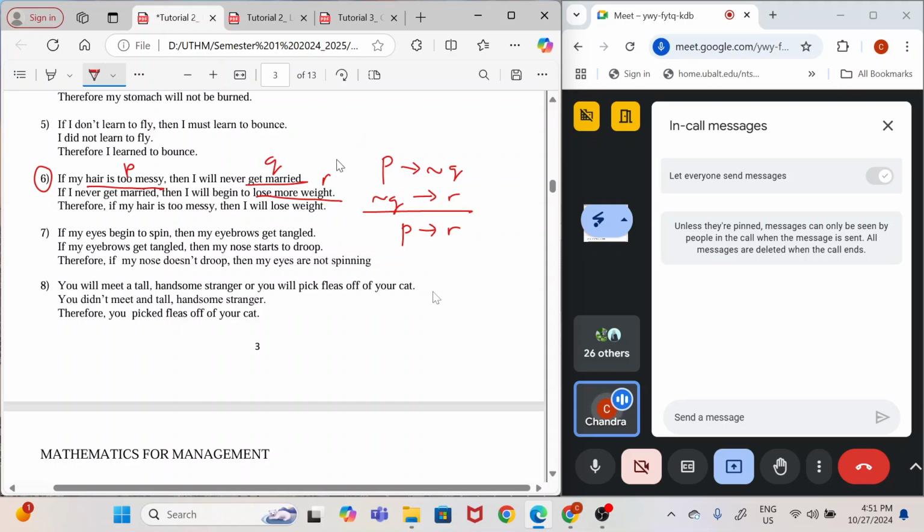For number 7, my eyes begin to spin. So I begin to spin is P. My eyebrows get tangled.